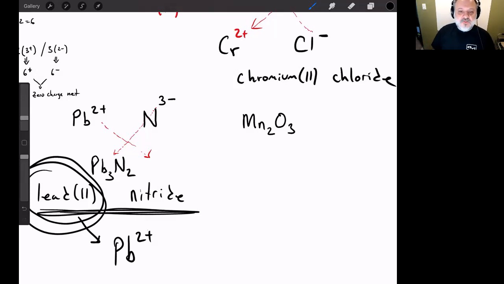You don't have to know the charge of every ion in the compound, but you need to know at least the charge of one of them. So here's another example. You're always going to be paired with one ion you know the charge of, or you can get the charge of.